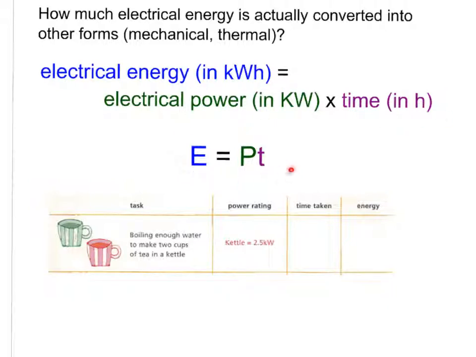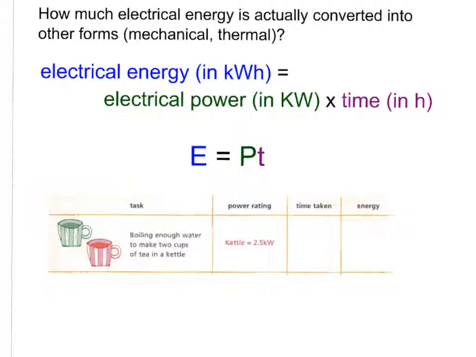We can simplify it by saying the electrical energy, capital E, equals power, capital P for the electrical power, times the time, lowercase t. So let's try to apply this to a real life situation.